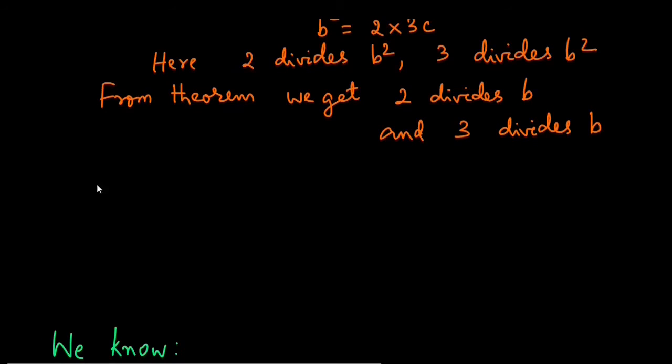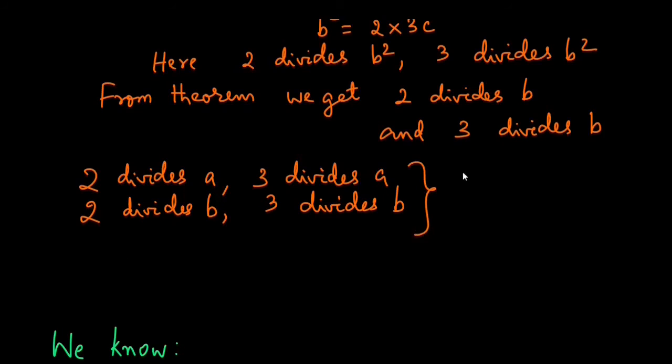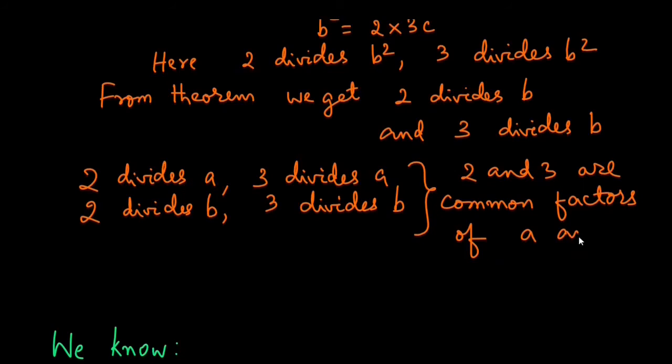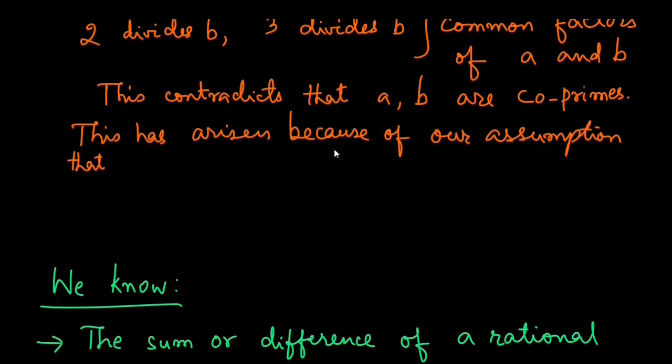Previously we got the result that 2 divides a, 3 divides a, and now we got the result that 2 divides b and 3 divides b. So from this, 2 and 3 are common factors of a and b. This contradicts that a, b are co-primes. This has arisen because of our assumption that root 6 is rational.